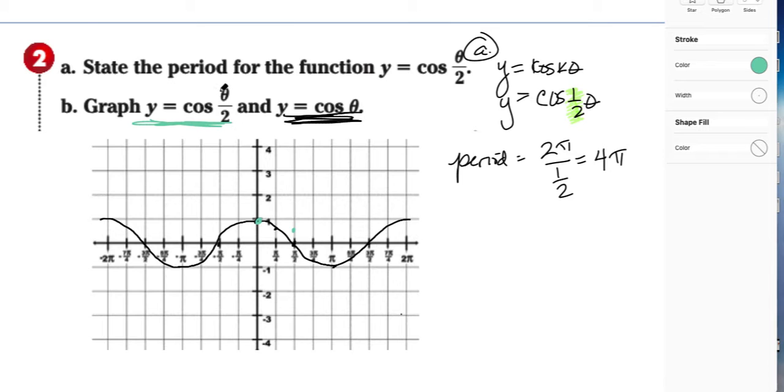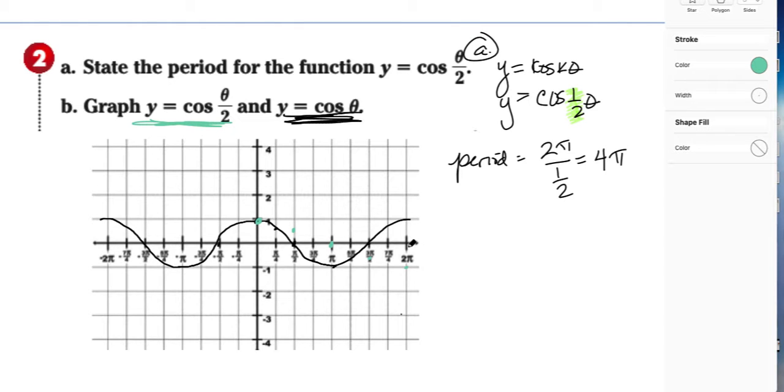What's happening when theta is equal to pi for my green graph is going to be the same as when theta was equal to pi over 2 for my black graph. And so what you can see is this stretching of the graph in a way. This value would be here, and I would get my first little minimum wave here.